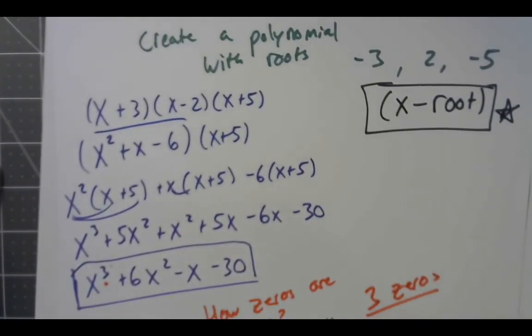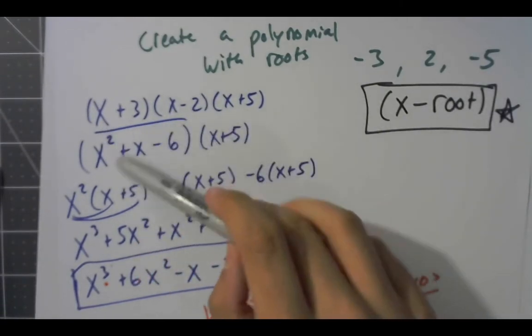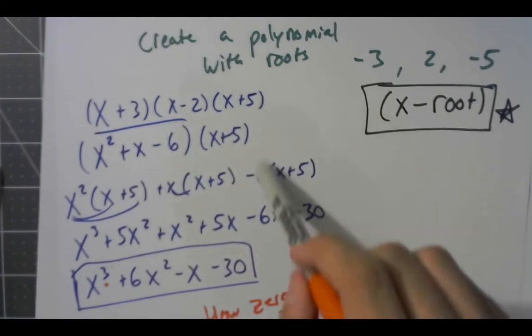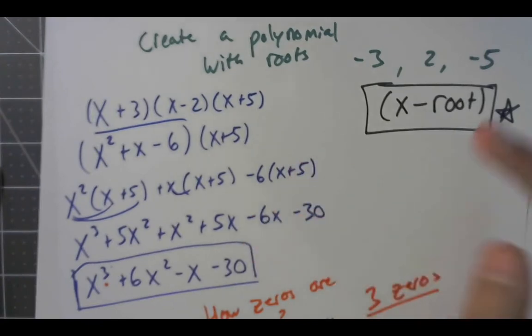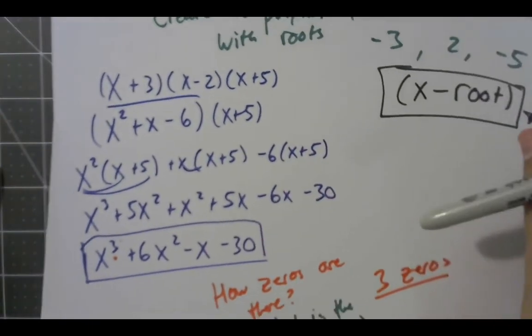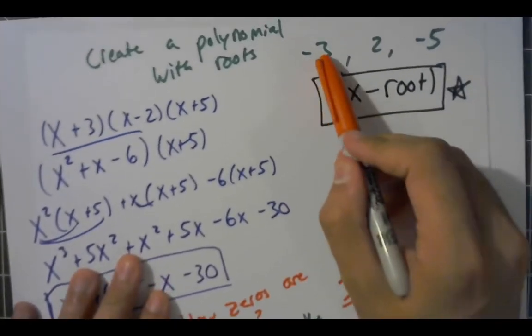So this is creating a polynomial given certain roots. We do x minus root, do that 3 times for each one, multiply them all together. It does not matter what order you do it, but you should be able to get the same answer either way. You can plug it in your calculator and double check it crosses here, here, and here.